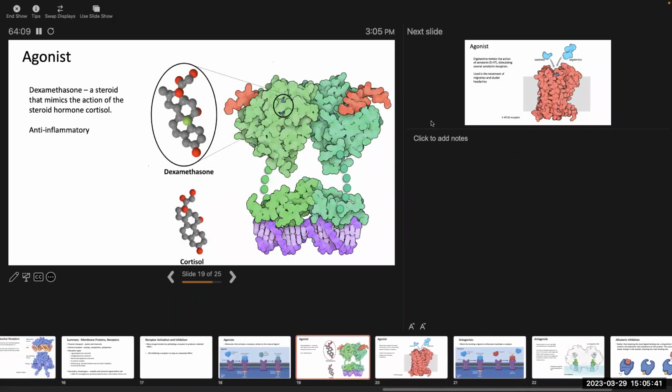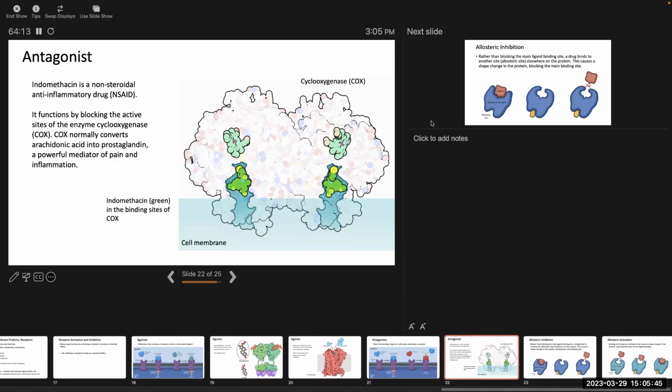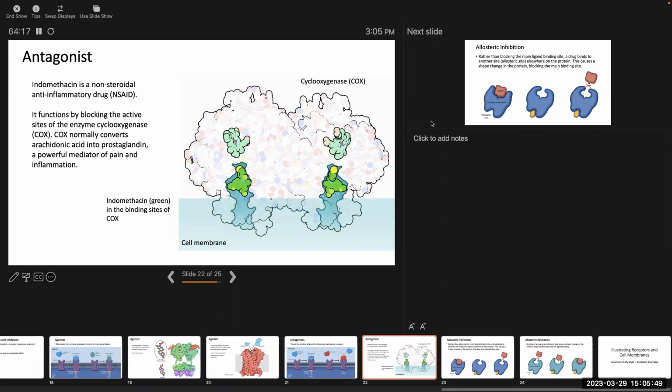Okay, so in the case of these agonists and these antagonists, the drug molecule is binding to the actual active site of the protein, of the enzyme or the receptor. So it's either binding to the receptor and stimulating it, in which case it's an agonist, or it's binding to the enzyme or the receptor and blocking it, in which case it's an antagonist.